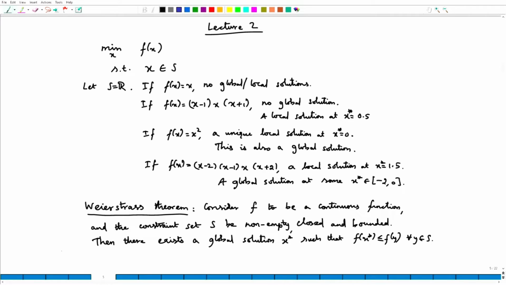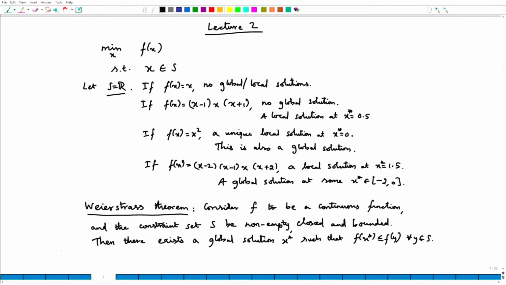We assumed initially that f is twice differentiable, so it is certainly continuous, and continuity is not a problem in our examples. But the constraint set S is the real line itself, so it is non-empty and closed, but not bounded, neither on the left nor on the right.